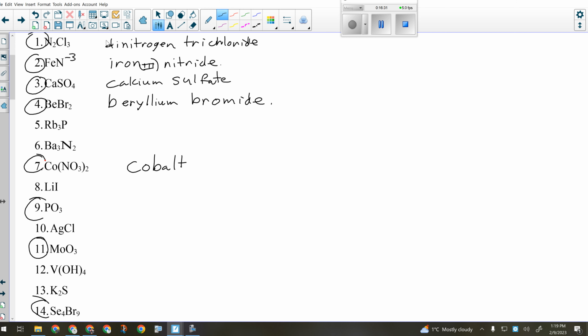I'm going to write the name of the polyatomic ion, nitrate. Then I'm going to figure out the Roman numeral after that. Nitrate is always a -1, and there are 2 nitrates. So there are 2 negative charges in total. There's only 1 cobalt to get the 2 positives from, so this is cobalt, Roman numeral 2, nitrate.